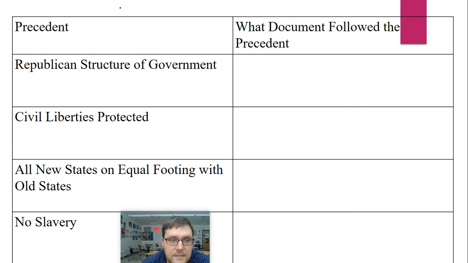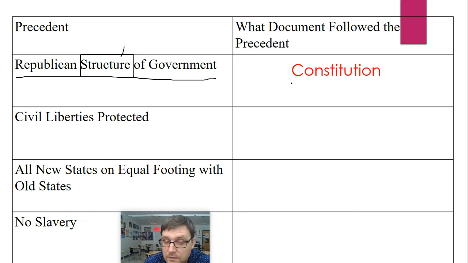If the Northwest Ordinance set this precedent, if the Northwest Ordinance did this first, that there has to be a Republican structure of government, with all that I've just told you, what do you think goes here? What document followed that precedent that the Northwest Ordinance set first? Government structure? Yes, it's the Constitution.